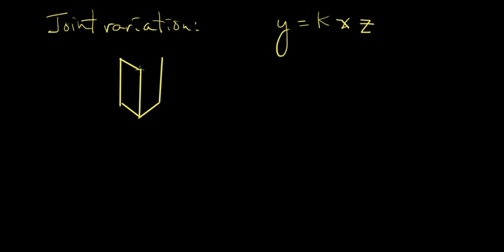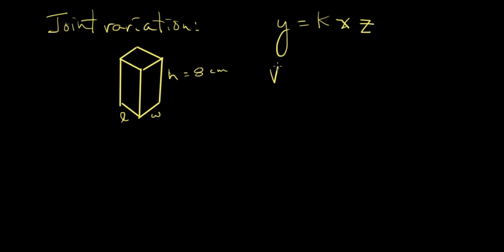Some of you might remember this if you had a good geometry teacher. Now, this is the height, of course. And we're going to say the height is constant. The height is always 8 centimeters. Okay? But then we got the width and the length.